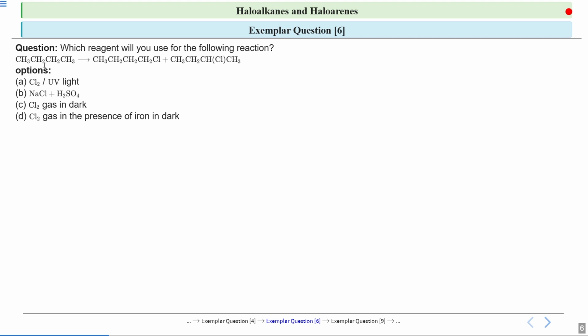The options are chlorine along with UV light, sodium chloride plus sulfuric acid, chlorine gas in dark conditions, or chlorine gas in the presence of iron in dark conditions. You have to tell which is the suitable reagent for the given reaction.